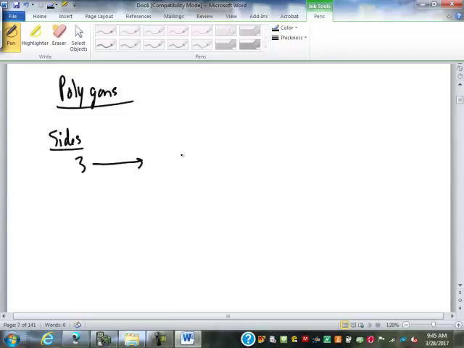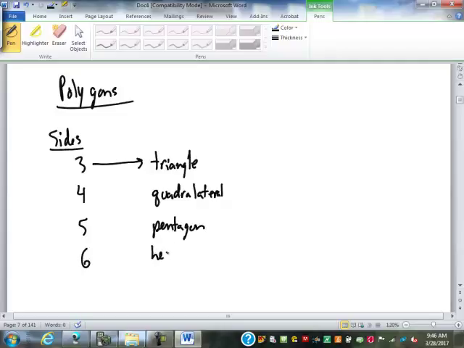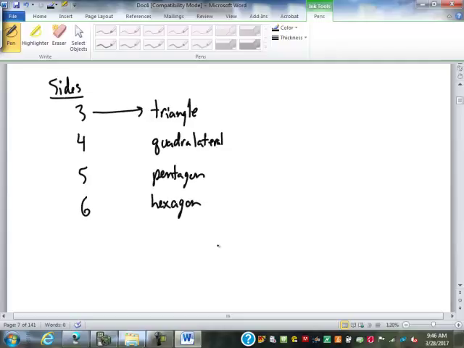A three-sided polygon is called a triangle. Four-sided? Quadrilateral, yep. 5 is a pentagon. 6, hexagon. 7, heptagon.